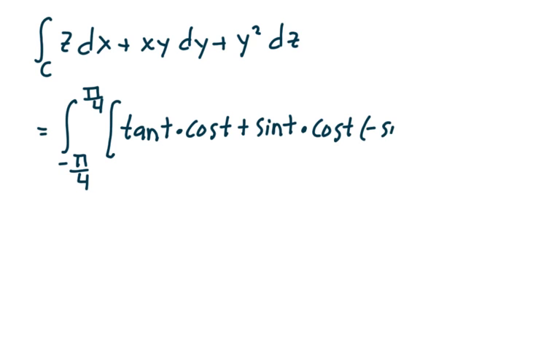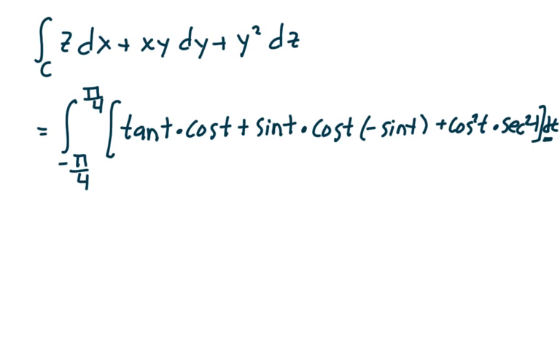So I'm going to write negative sine t, plus, now y is cosine t, so I have cosine squared t. dz is secant squared t. And this whole thing is being integrated with respect to t, which I hope you guys can see here.